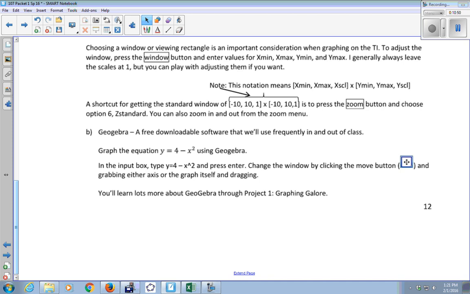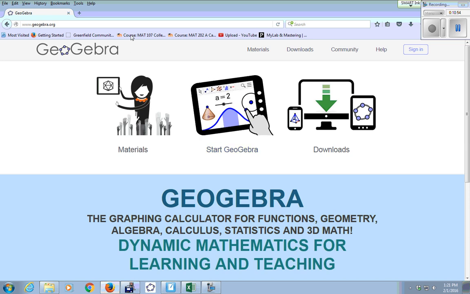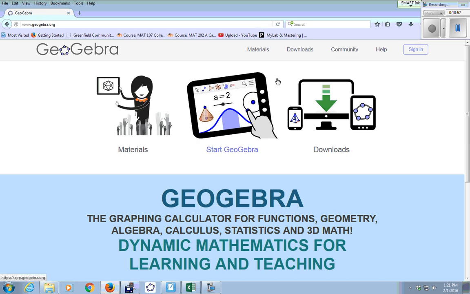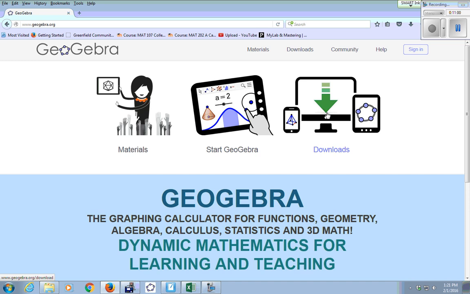Okay. So to get GeoGebra, you just go to geogebra.org, and if you're going to download it, you just click downloads. I would recommend downloading a full desktop or laptop version, whether it's for Windows or for Mac.